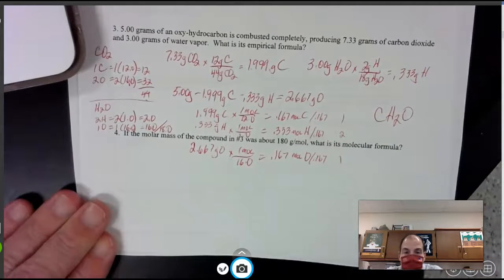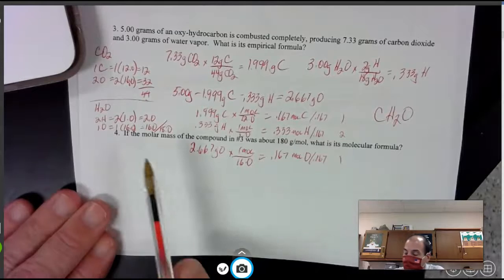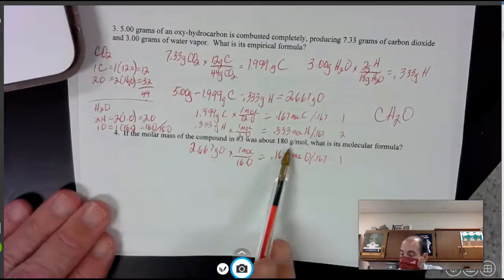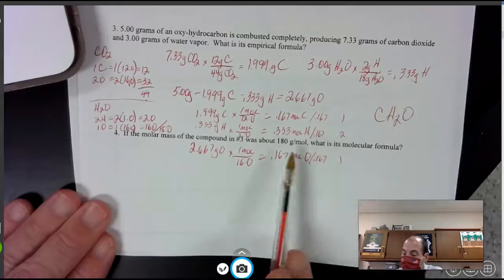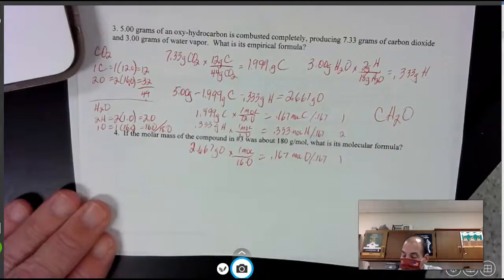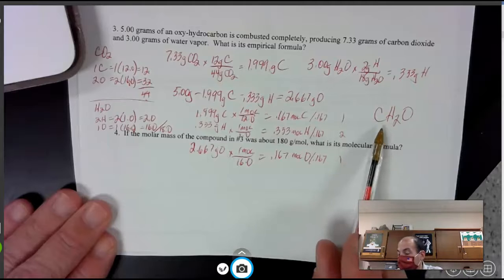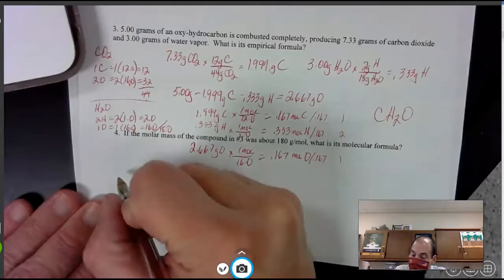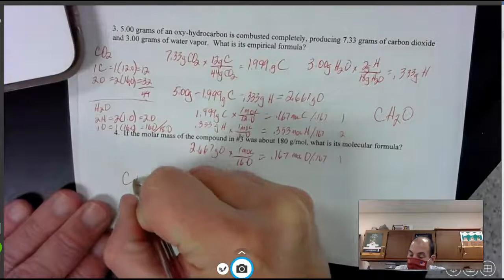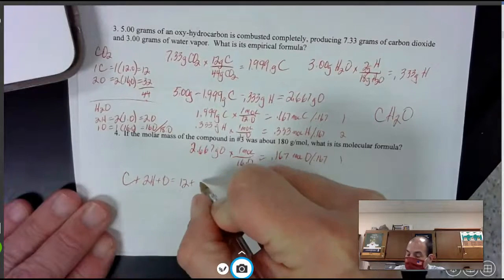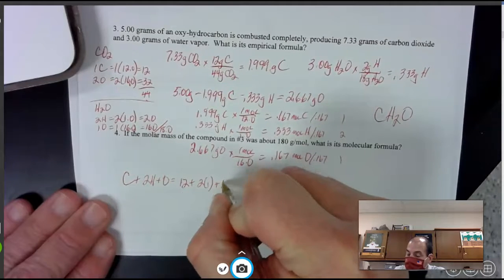And now this is a callback to the previous unit where we talked about molecular formula. So when we want to find the molecular formula, we need to know the empirical formula. We need to know the molar mass of the actual compound. So first thing we're going to do is figure out the molar mass of the empirical formula. So we're going to take C plus 2 H's plus O, that's 12, plus 2 times 1, plus 16.